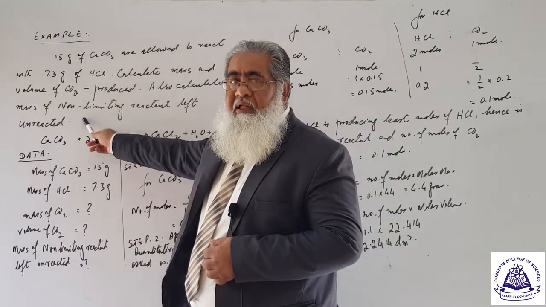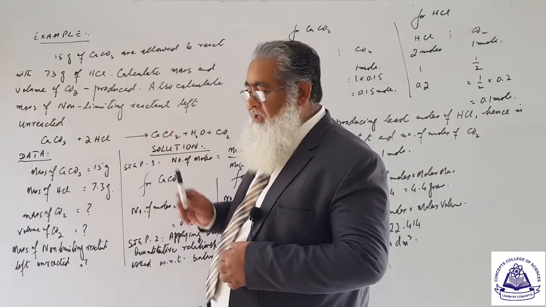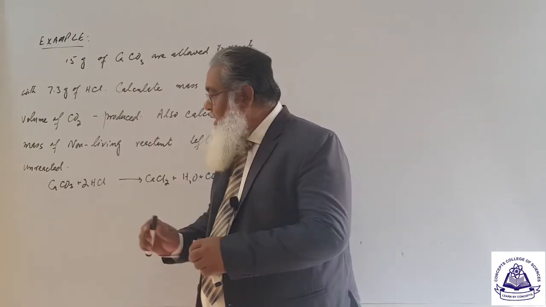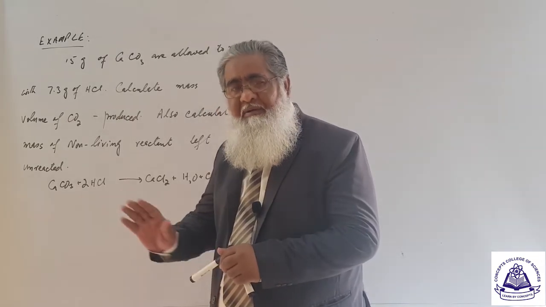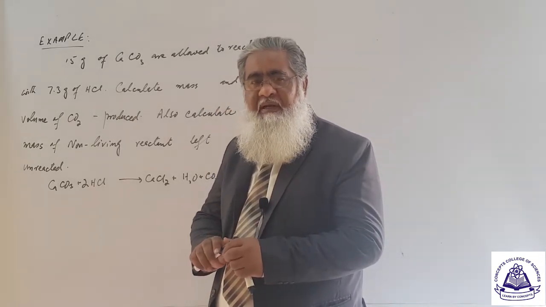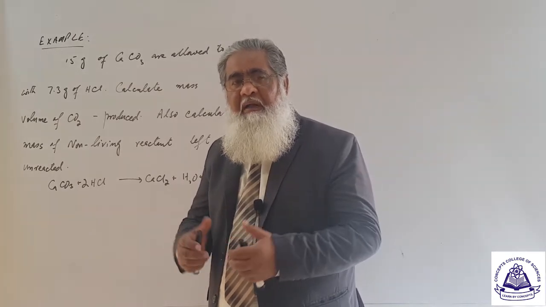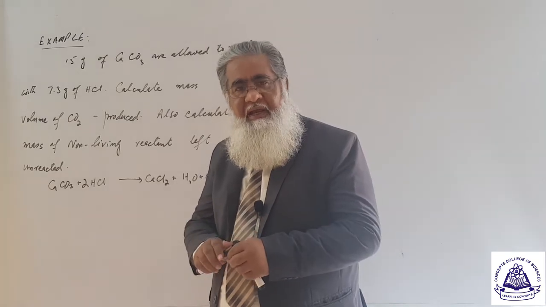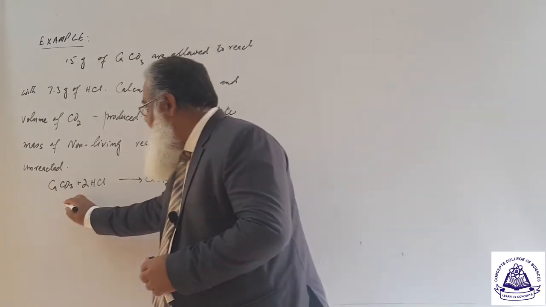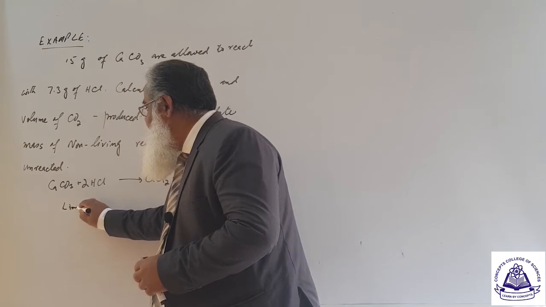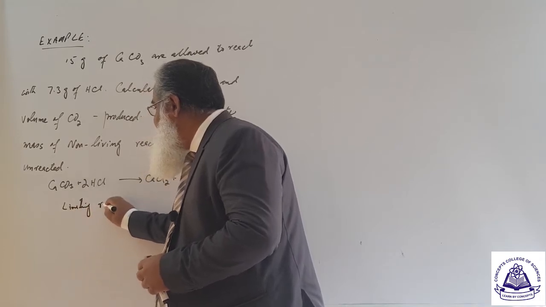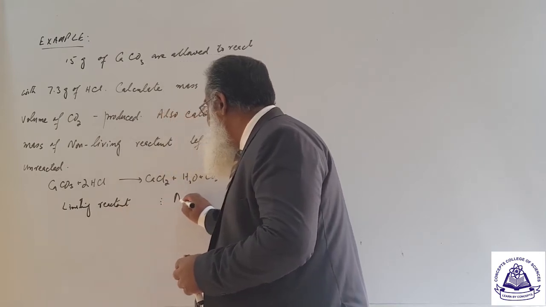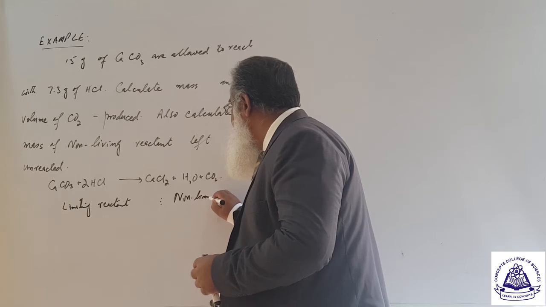Now, how can we find the mass of non-limiting reactant left unreacted? In order to find this, we have to make the relationship between limiting reactant and non-limiting reactant, and we will find how much amount of the non-limiting reactant is used by the limiting reactant.